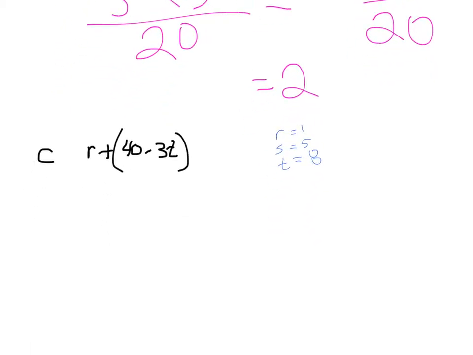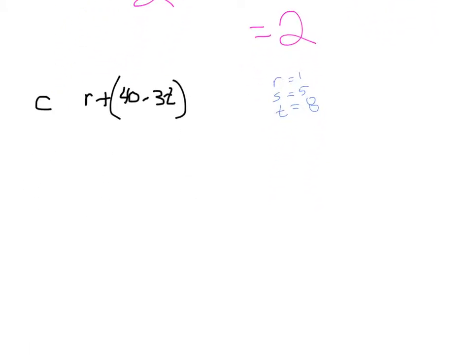Go ahead and focus on this one down here: r plus 40 minus 3t. Go ahead and write this out. We have 1 plus 40 minus 3 times 8.